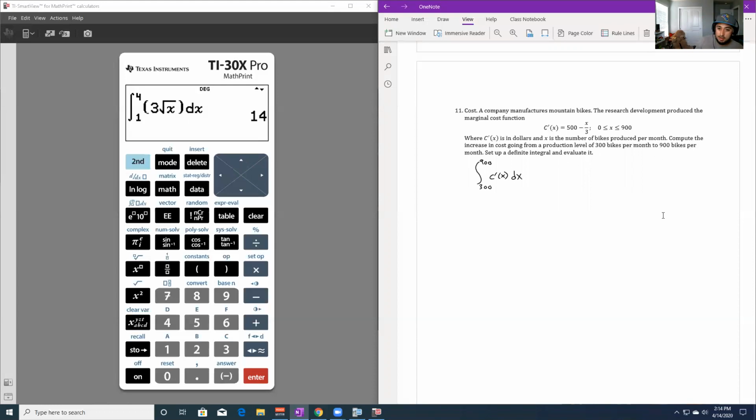Where do we have C prime of x? It's given by the above. So let's plug that in. This becomes the integral from 300 to 900 of parentheses 500 minus x over 3 dx. All right, let the computer play catch up.